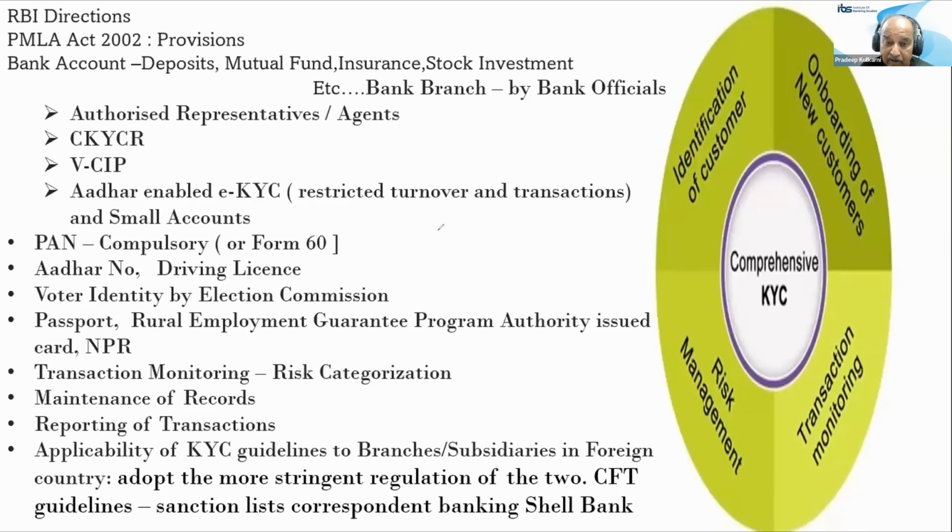Second change has happened with regard to who is a customer. Along with the customer, there is a word called beneficial owner. And beneficial owner guidelines were different with regard to company, trust, and the partnership firm, like that. Now all of them are being uniformly made.